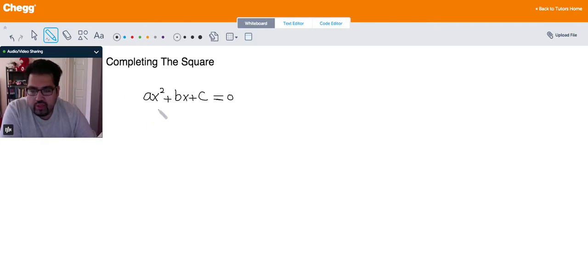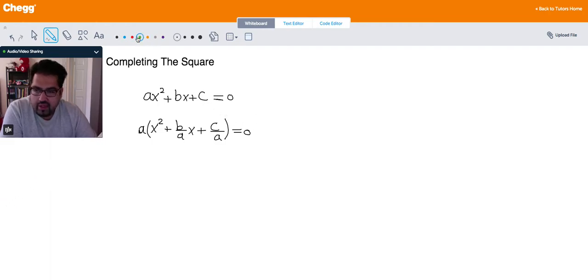In order to start making this square, we have to factor out the coefficient of x squared here, which is a. So I'm going to factor out a, which gives me x squared plus b over a x plus c over a, and this is equal to 0.